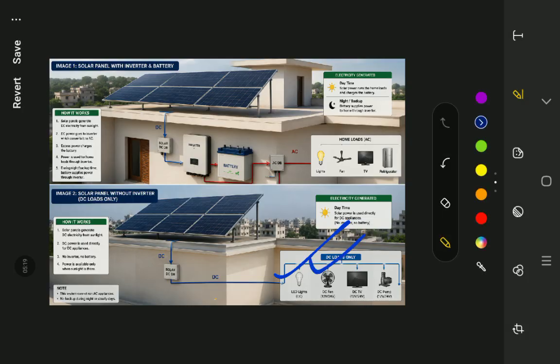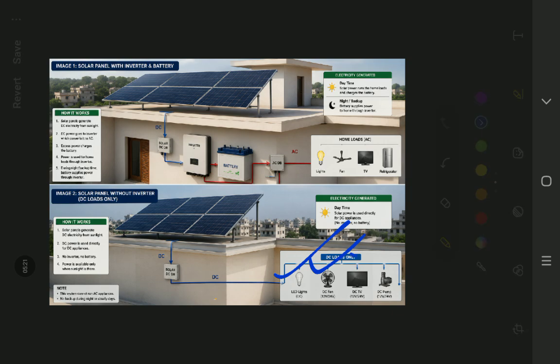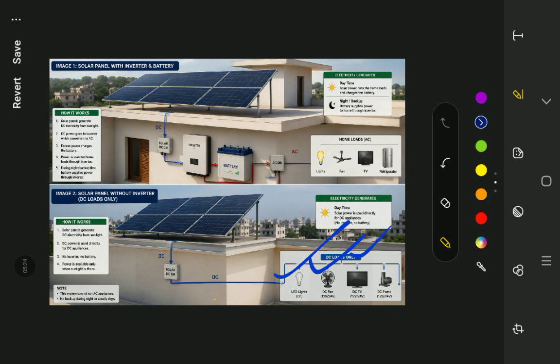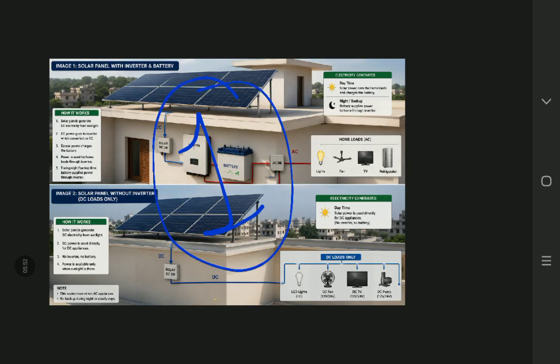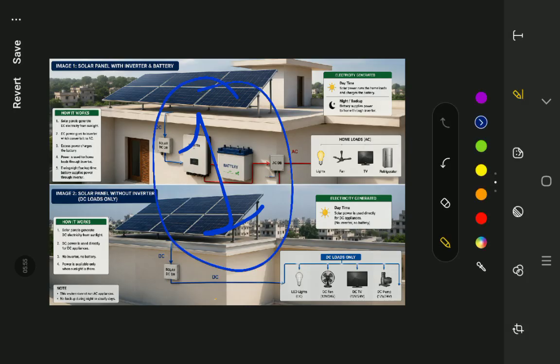Some fans also run on 12 to 24 volt. DC TVs may run on direct current, and some TVs also have the option to connect a 12 volt DC external supply. DC pumps also, for any project or sometimes for water. Most appliances have a power supply input of 12 volt for running instead of mains connection. So this is our first way to get free electricity at home.